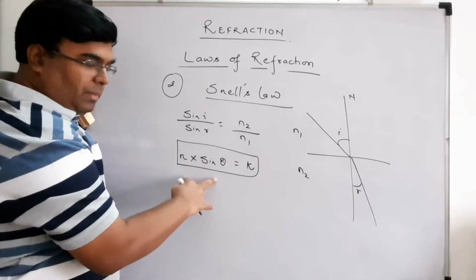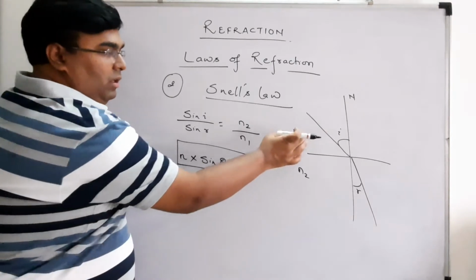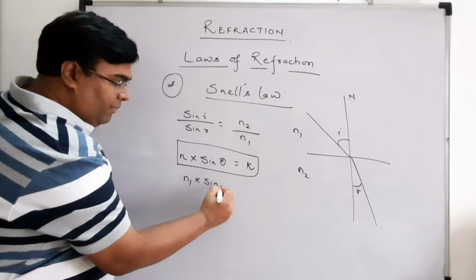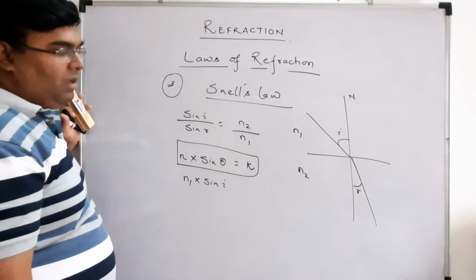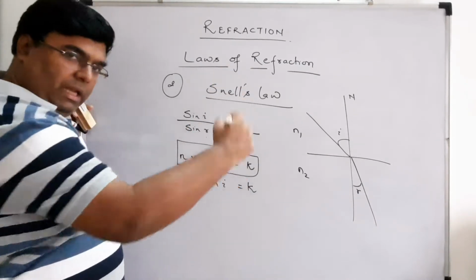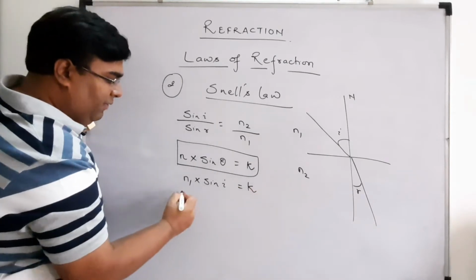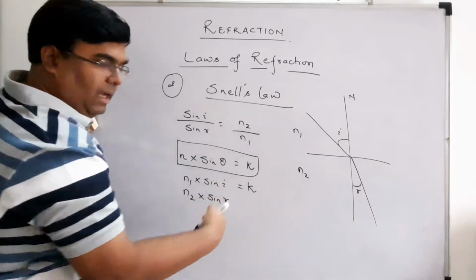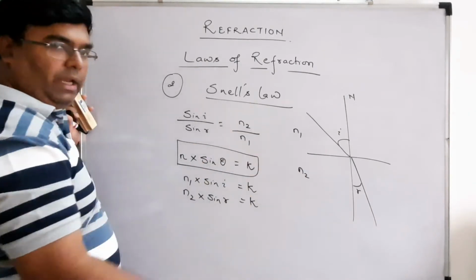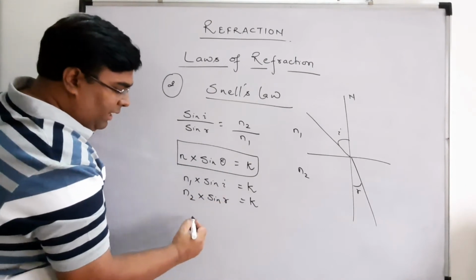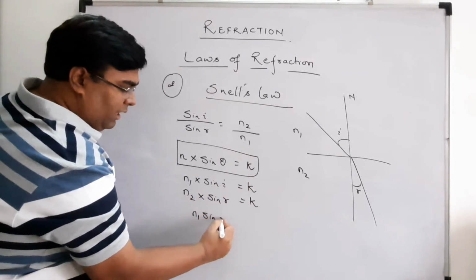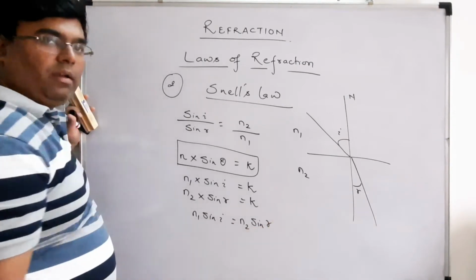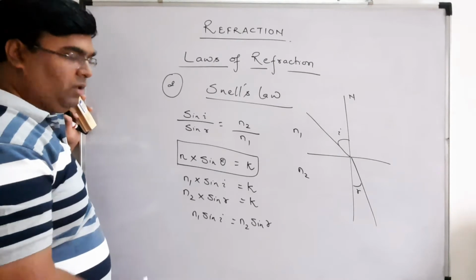Okay, so if I write it for medium 1, it will be N1 multiplied by sin I, and this is equal to K. And for medium 2, if I write N2 sin R, because R is the angle, this is also K. From these two we can write N1 sin I is equal to N2 sin R. Got this concept?